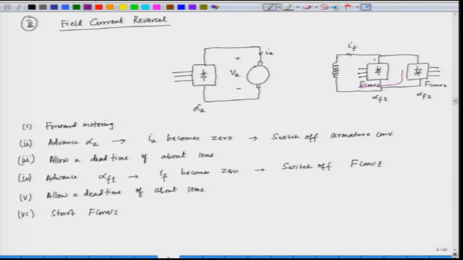Earlier the current was in this direction, the current has now reversed. So, this is how we reverse the back EMF. So, the back EMF reverses. When the back EMF reverses, we start the armature converter.